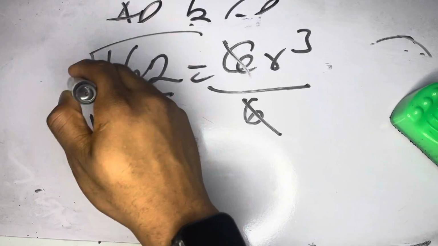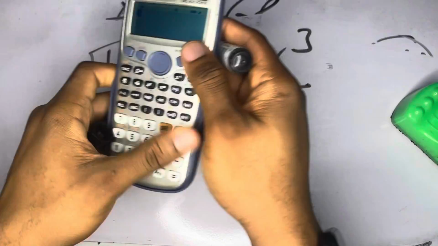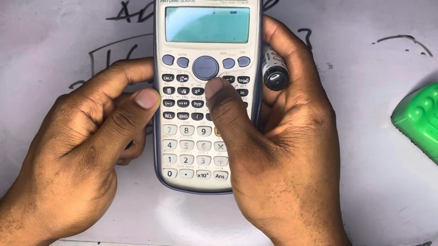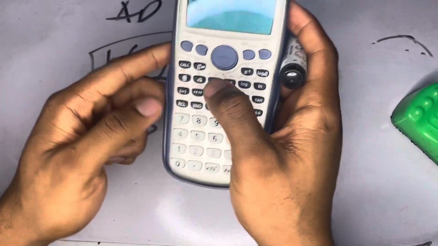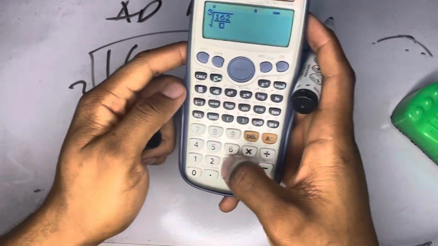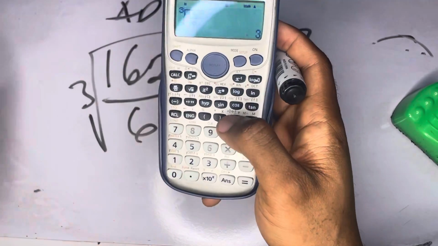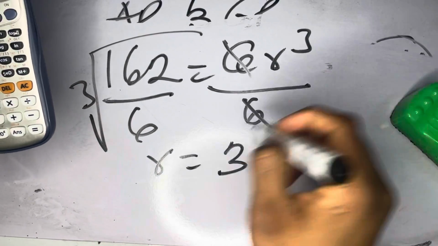So we'll take the cube root of both sides to make R the subject of the formula. We say 162 divided by 6, so it means that your R is equal to 3.